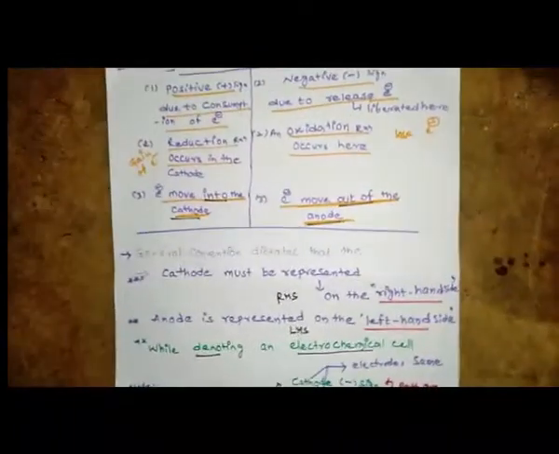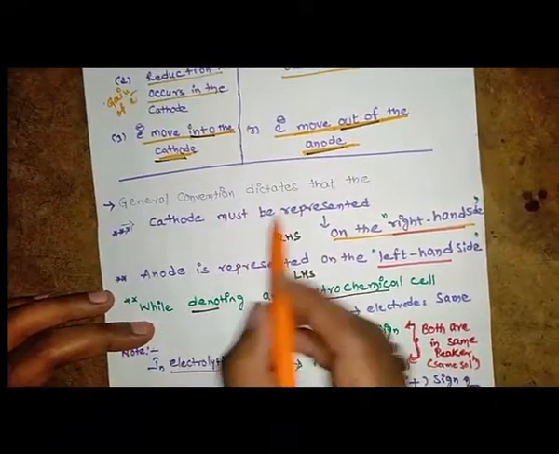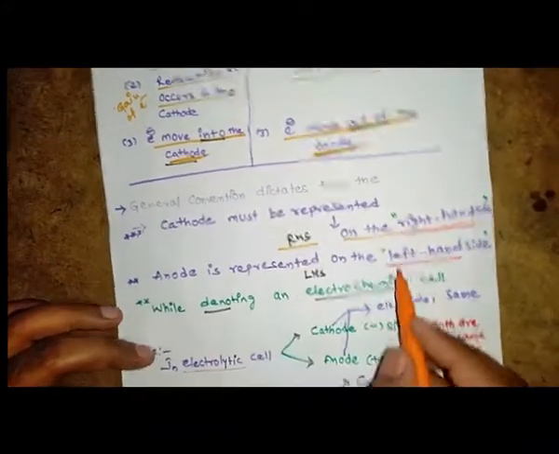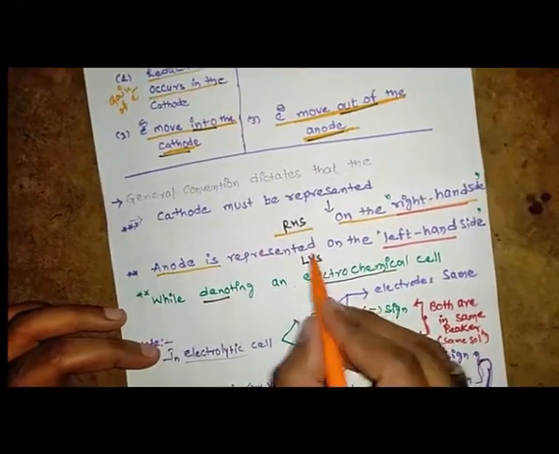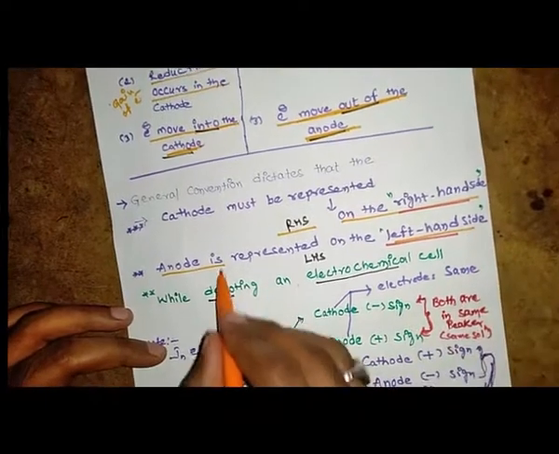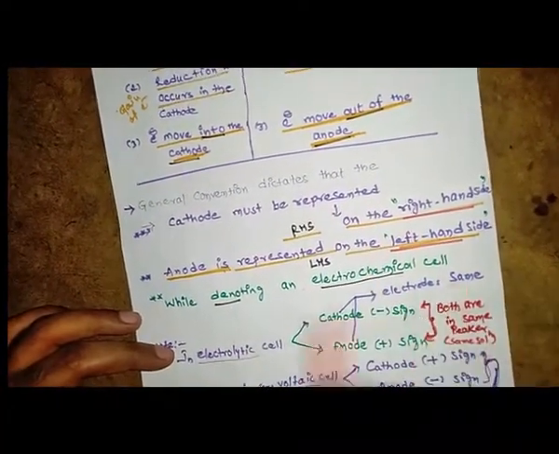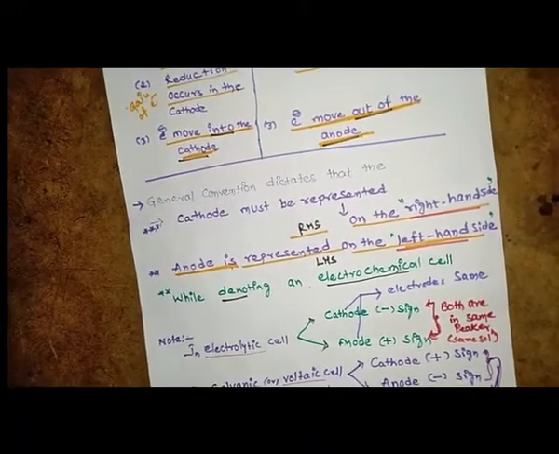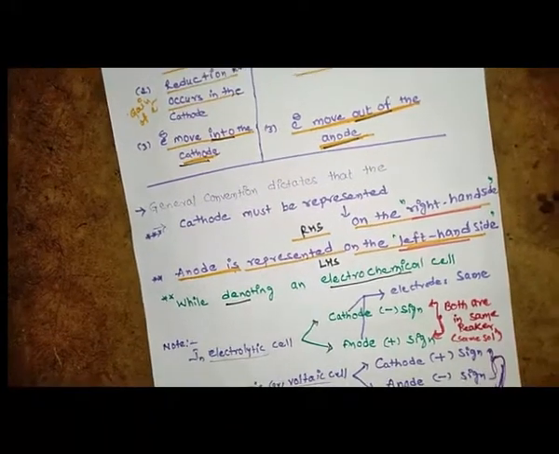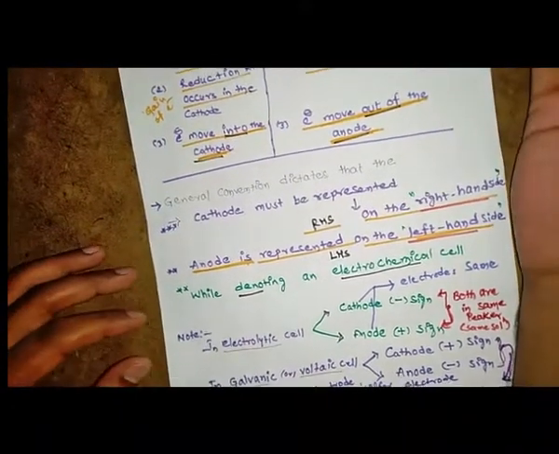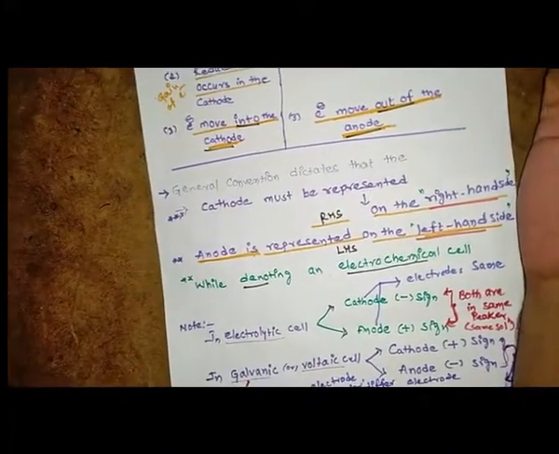Look at here, the cathode must be represented on the right hand side, RHS, and the anode on the left hand side. When you denote a galvanic cell or voltaic cell, the cathode must be on the right hand side and the anode must be on the left hand side.